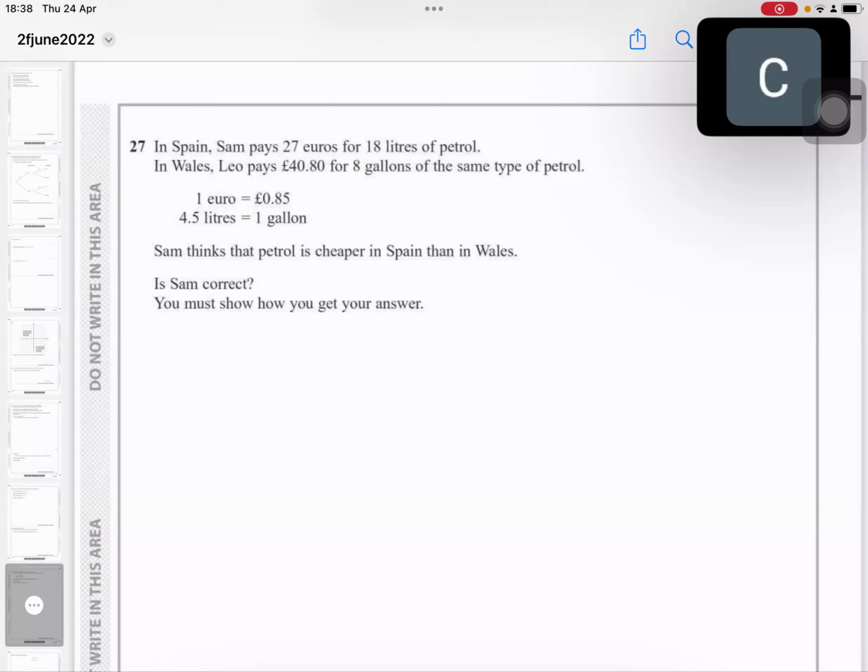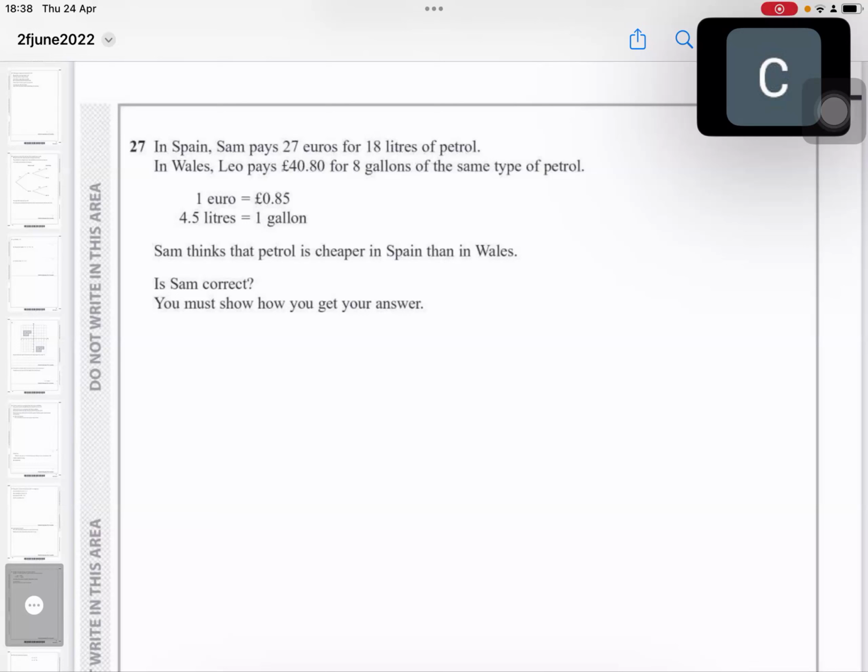That's for Leo. Sam equals 1.28 and Leo equals 1.13. Which one is bigger?